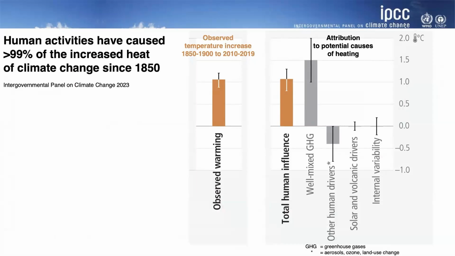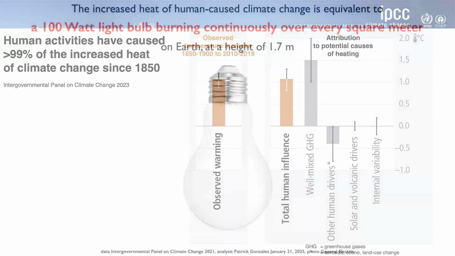And what we see here is that the net human influence is exactly equal to the observed heating from weather station measurements, and that natural sources are negligible. So more than 99% of the observed heating is from human sources. Humans are causing climate change. All credible scientists agree on that fact.